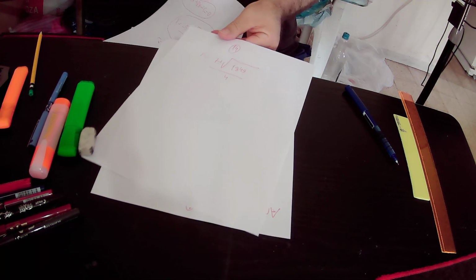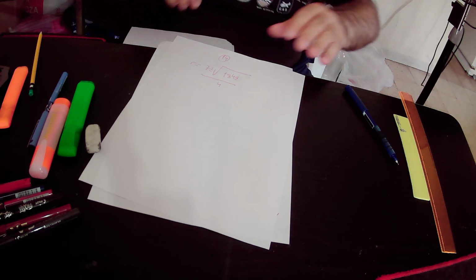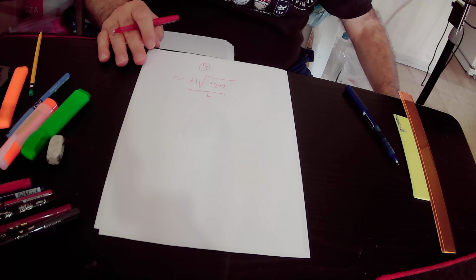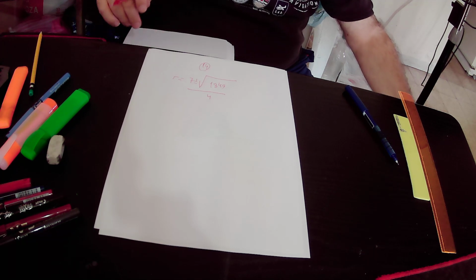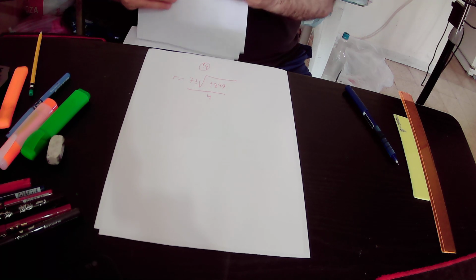So in total we got that r equals 7 plus or minus the root of 1849 over 4.